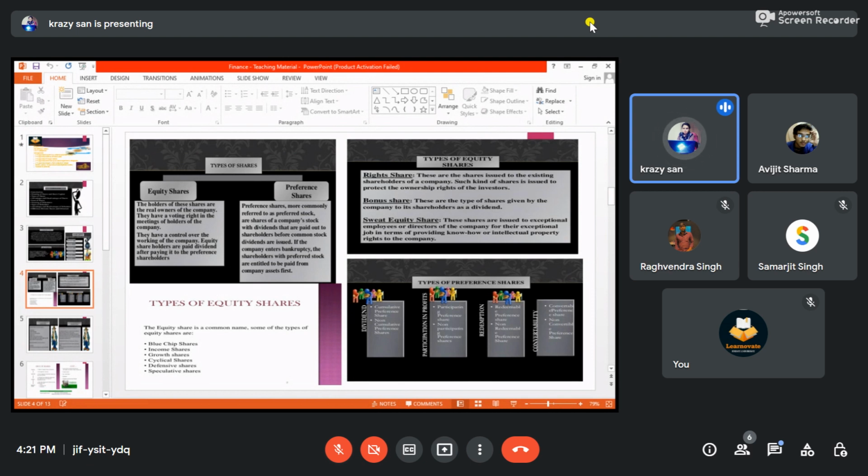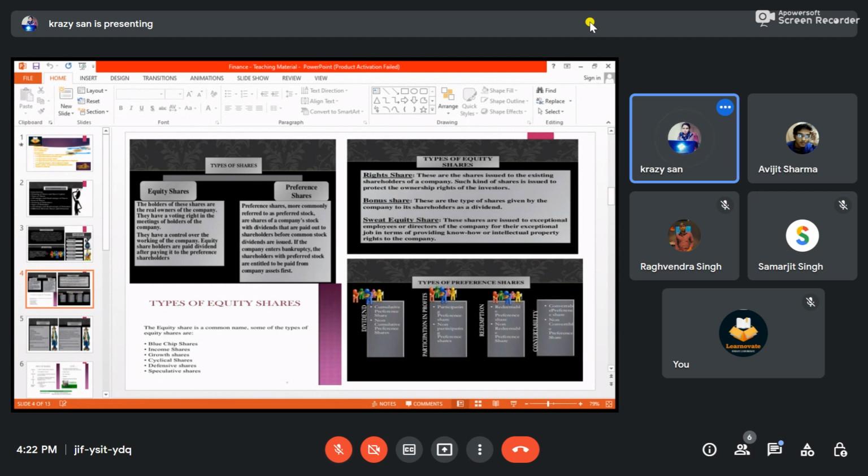Those are preference shares. And in a financial way, they are a part of your organization who do not get directly involved, but they are also a supporting backbone, because their finance is supporting you.